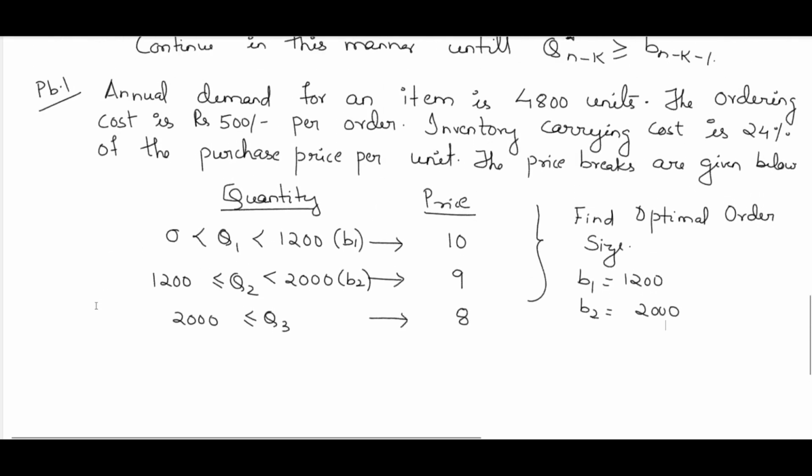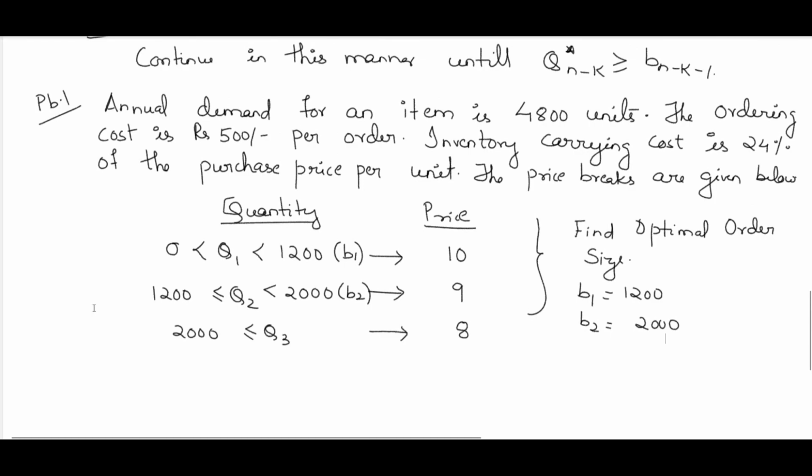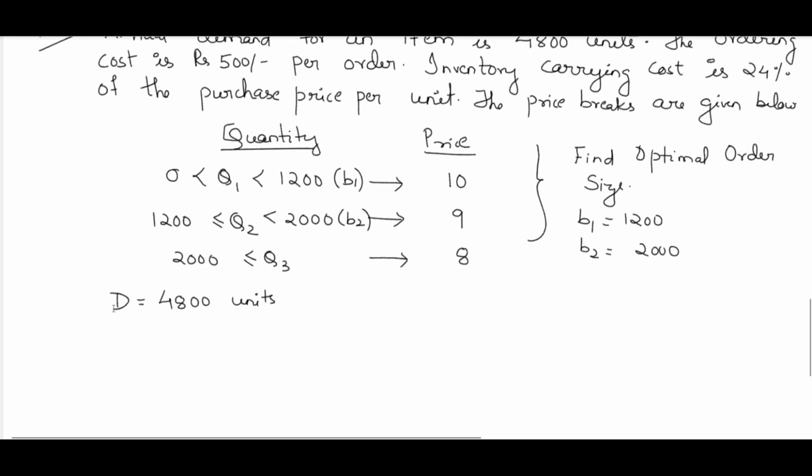Whatever is given in the question: annual demand for an item is 4800, so your capital D is equal to 4800 units. Then ordering cost is rupees 500 per order, so C0 is equal to rupees 500 per order.